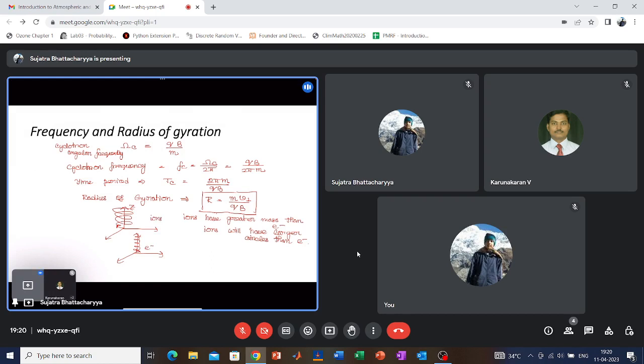This is another thing which I have to say: the guiding center. What is the guiding center and its definition? It is an imaginary point surrounding which circular motion takes place.